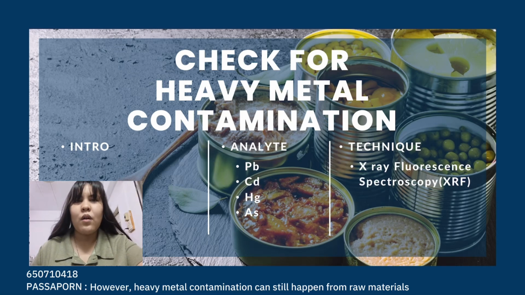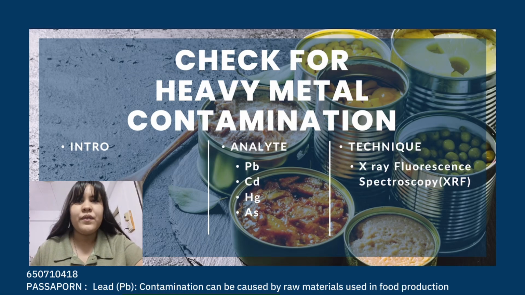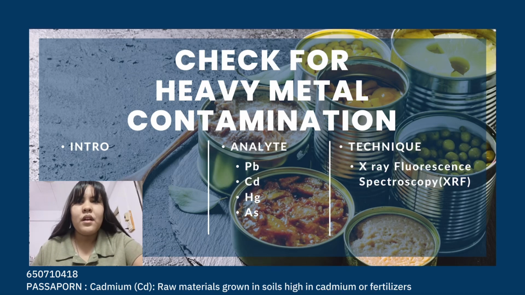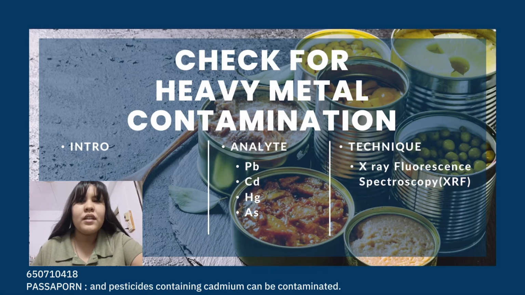Heavy metals commonly included are as follows. The first, lead. Contamination can be caused by raw materials used in food production that are grown or raised in lead-contaminated areas, or by using substandard containers. The second, cadmium. Raw materials grown in soil high in cadmium, or fertilizers and pesticides containing cadmium, can be contaminated.